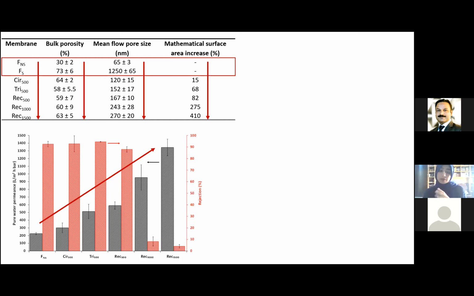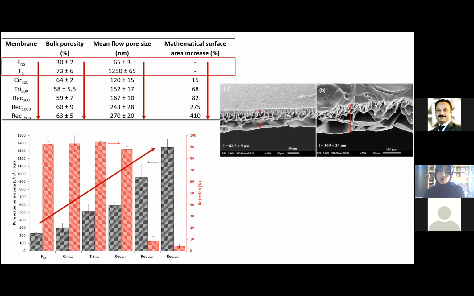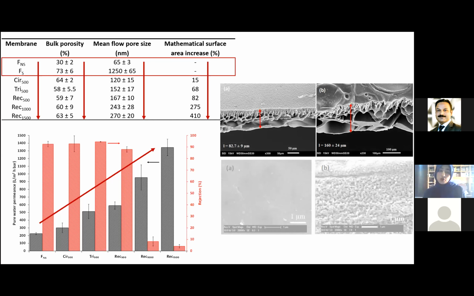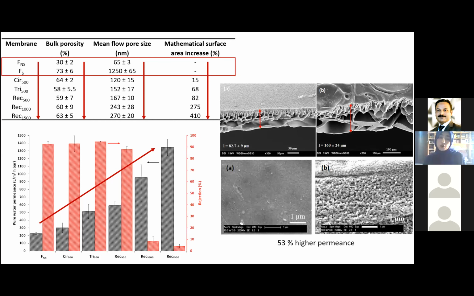The SEM images did show higher total thickness and surface porosity for these flat sprayed membranes, and in terms of performance, the permeance was increased by 3%, but of course there was a decline in the rejections.